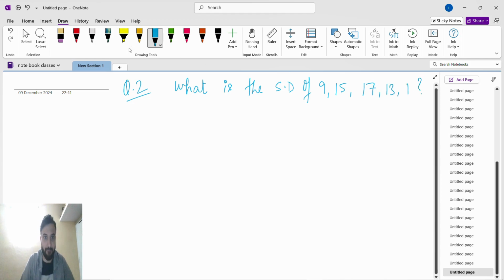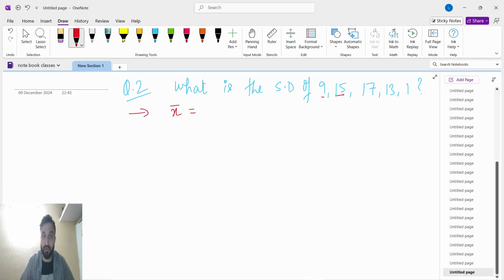First of all, we will find the mean, x bar. 9 plus 15, 24. 24 plus 17, 41. 41 plus 13, 54 plus 1, 55. 55 divided by 5 is 11. So x bar is 11.